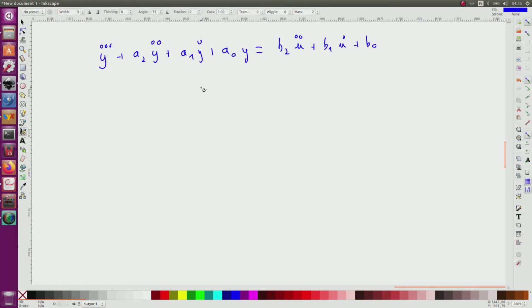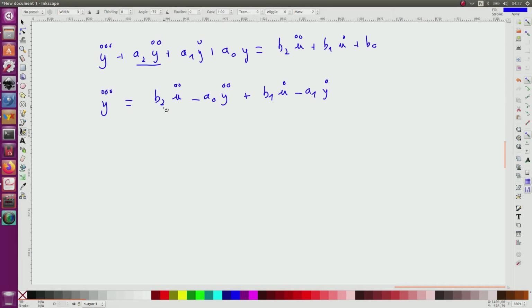Now I can write, by isolating this term, y dot dot dot equal b2 u dot dot minus a2 y dot dot, plus b1 u dot minus a1 y dot.